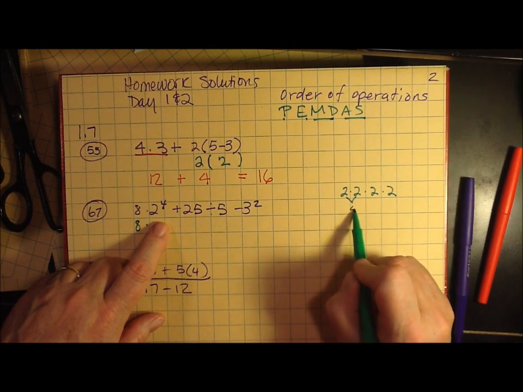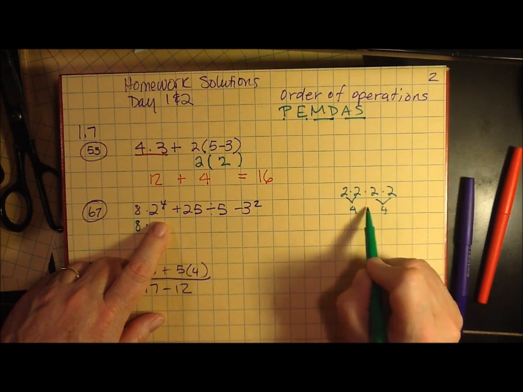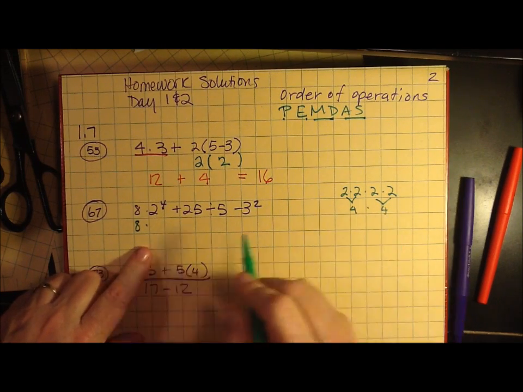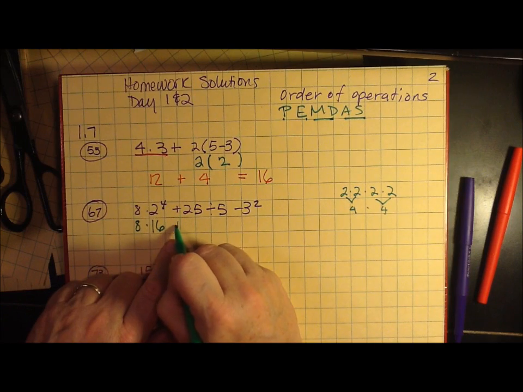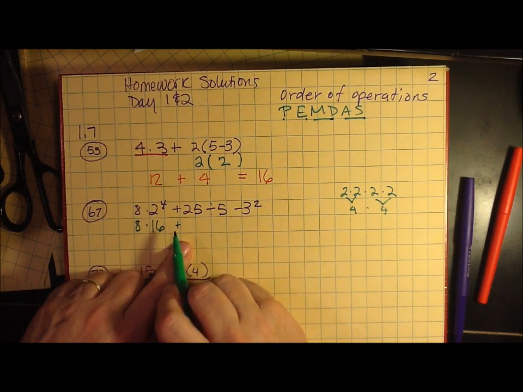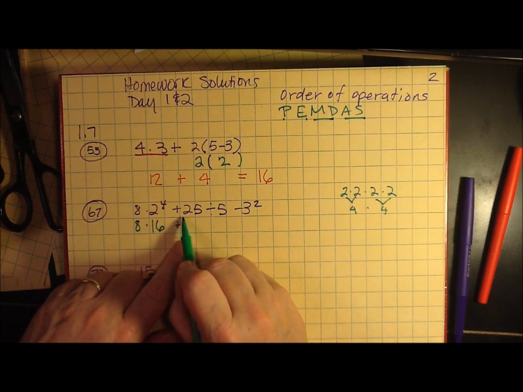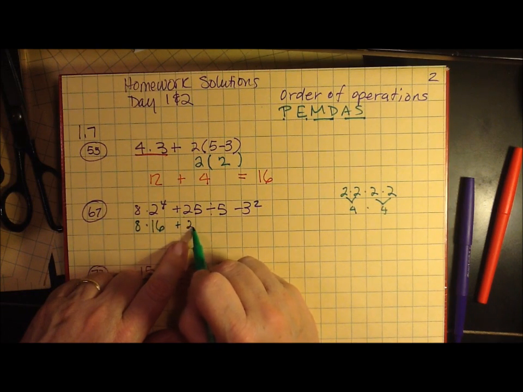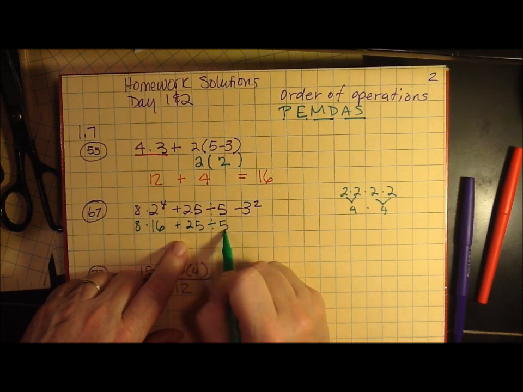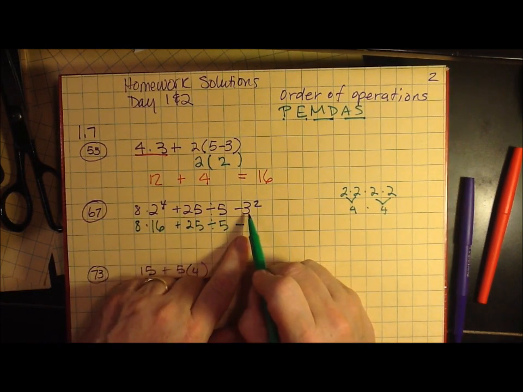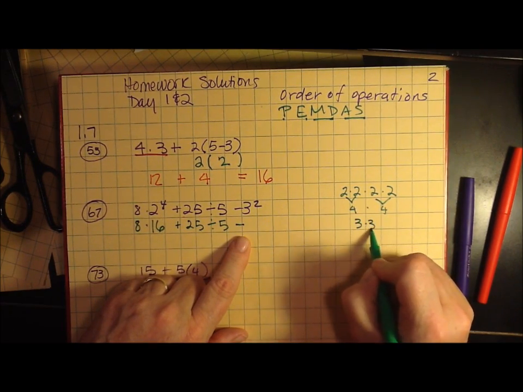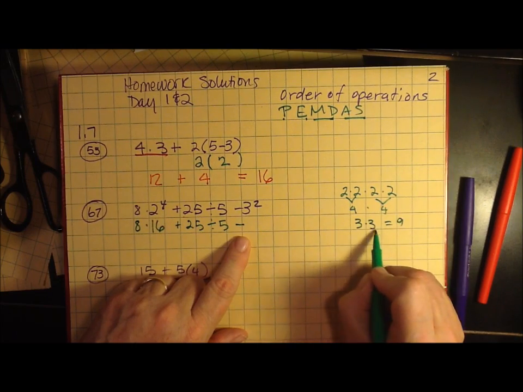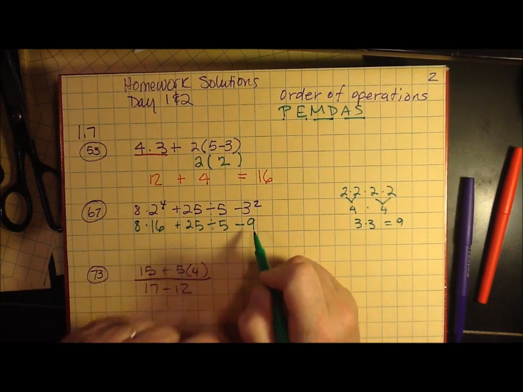So 2 times 2 is 4, and 2 times 2 is 4. 4 times 4 is 16. Plus, and here's another exponent, minus 3 to the 2nd says 3 times 3, which equals 9. There's 2 3's there.